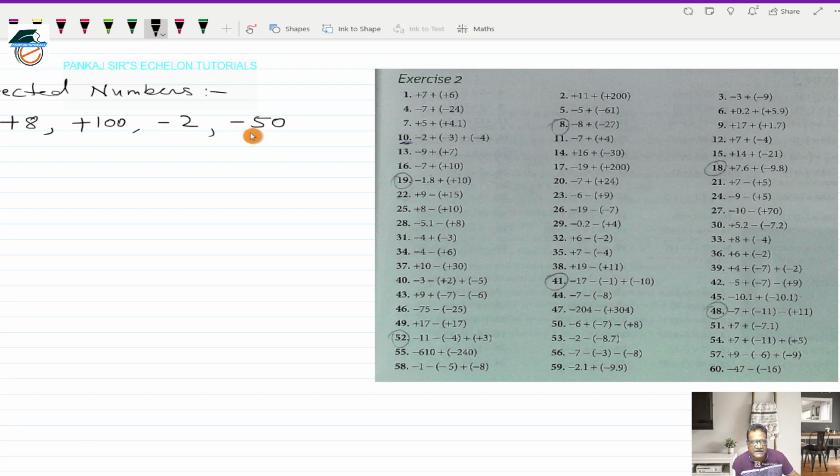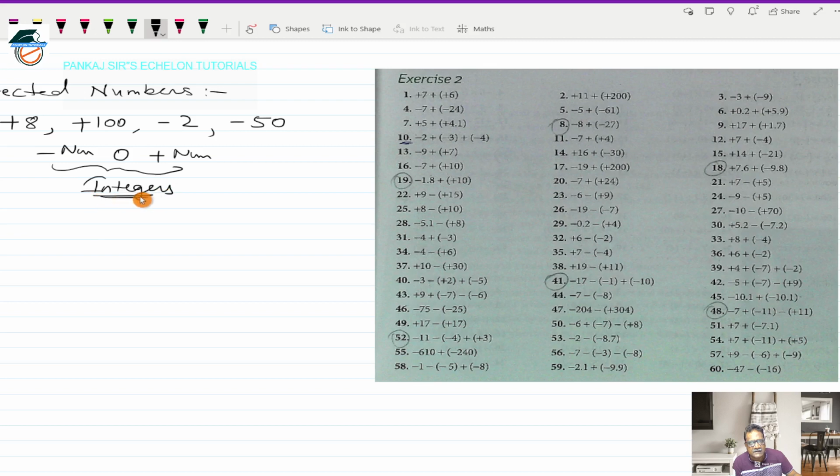Now if these numbers are whole numbers, then they are also known as integers. But integers also include zero. So zero, any positive number and any negative number together make integers.